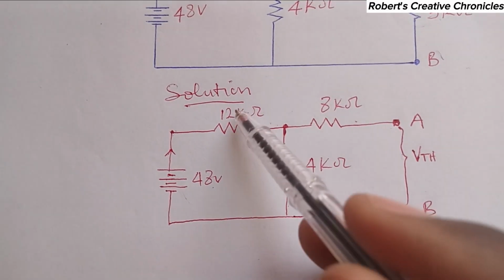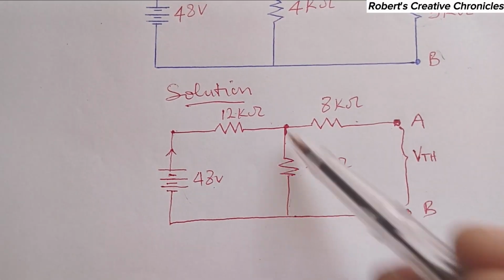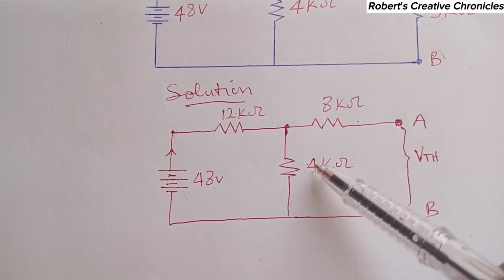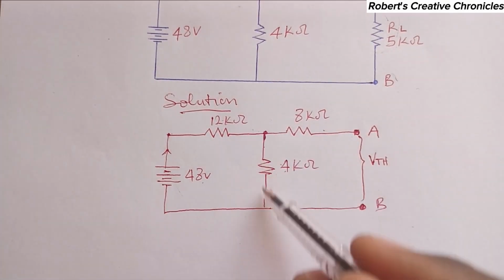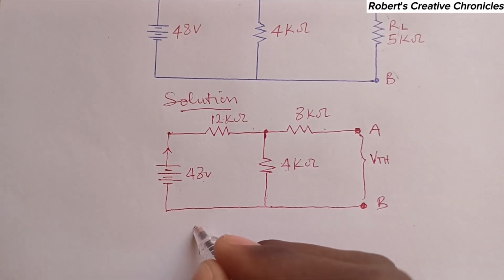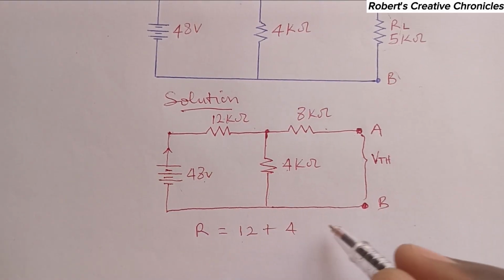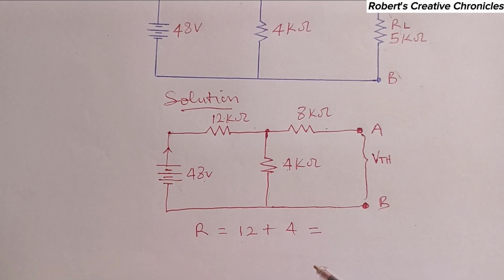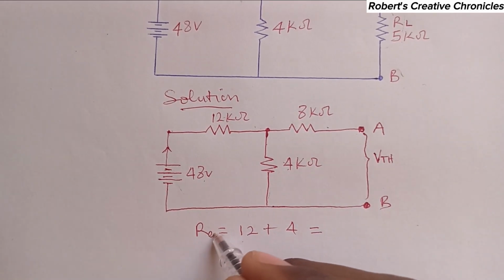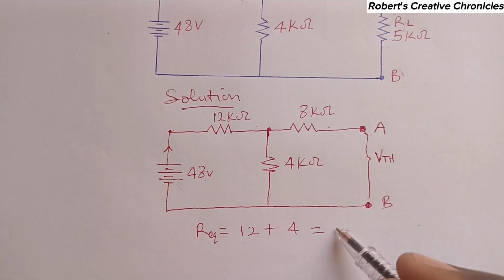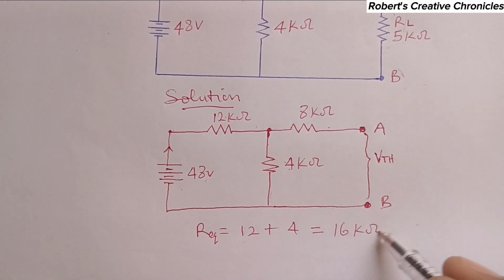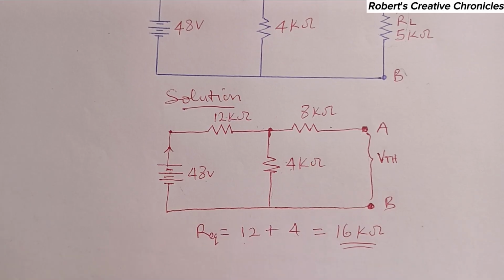All the current will enter here, so these two resistors are in series. Since they are in series, the resistance becomes 12 plus 4, which is the equivalent resistance, 16 kilo ohm. And this is the voltage.